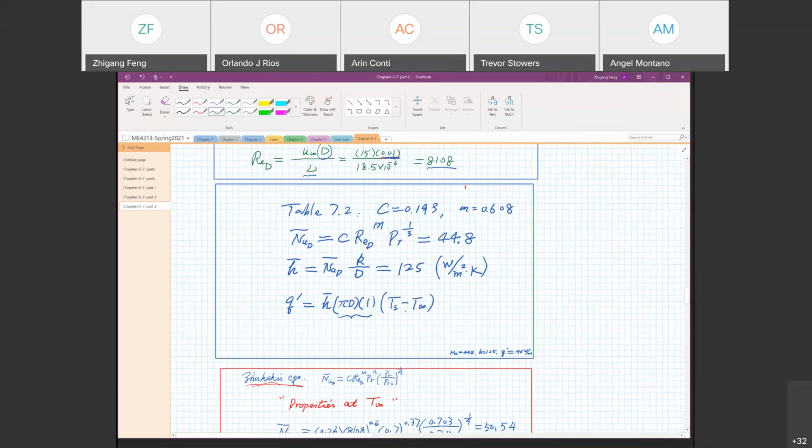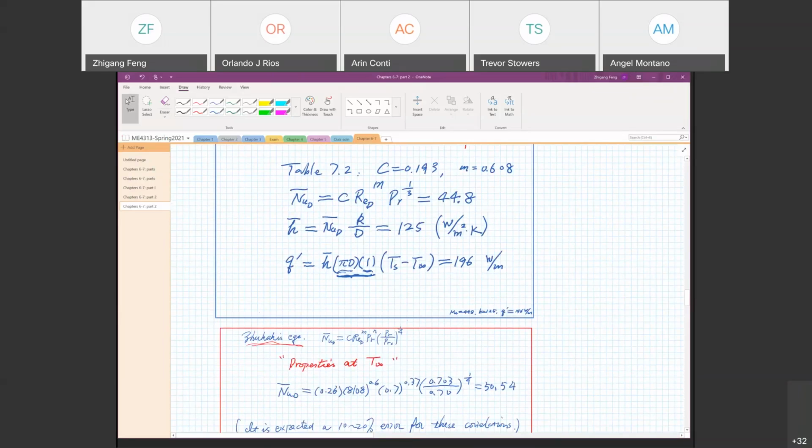So in this equation, the important part is how you choose the area: circumference multiplied by the length. Since we need per unit length, we make the length equal to 1. And it equals 196, and the unit has to be watt per meter. So that's a very simple calculation.